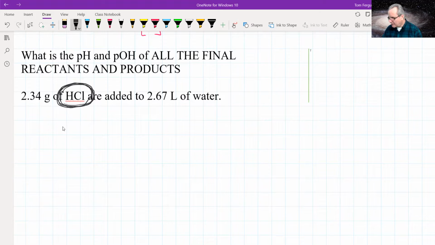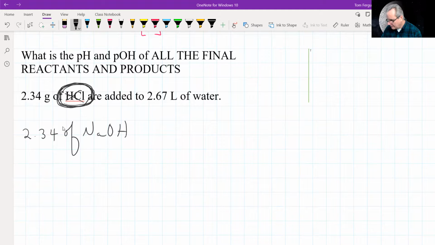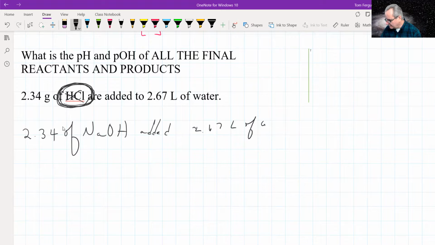In fact, let's do this problem instead of with HCl. Let's do it with sodium hydroxide added to 2.67 liters of water. I want to know the pH and the pOH.